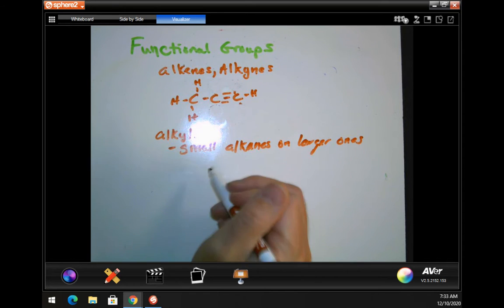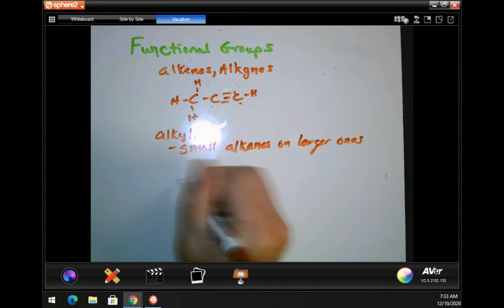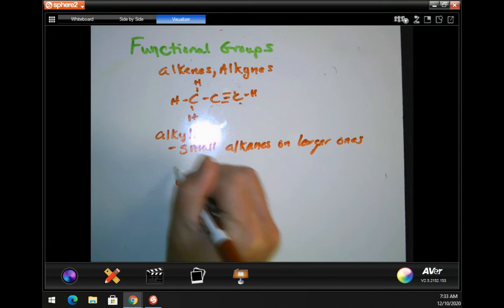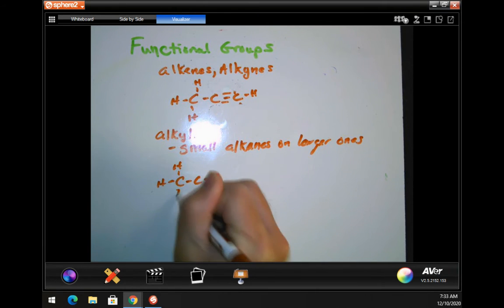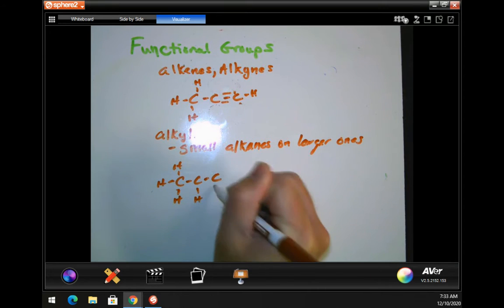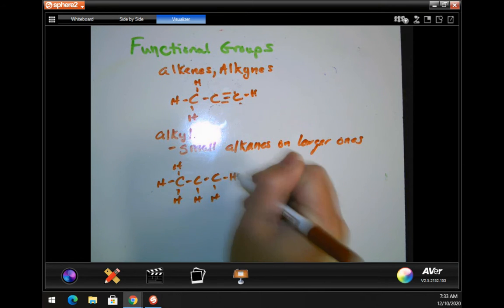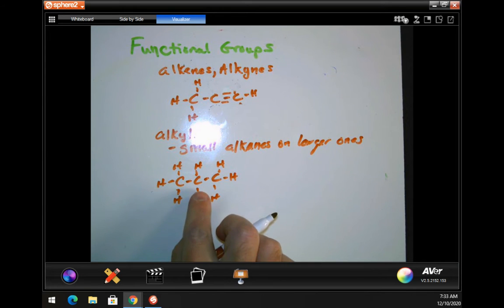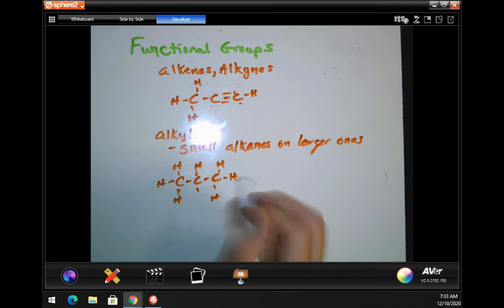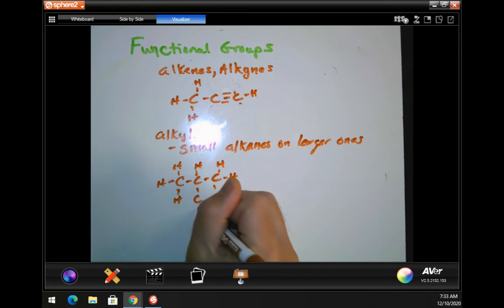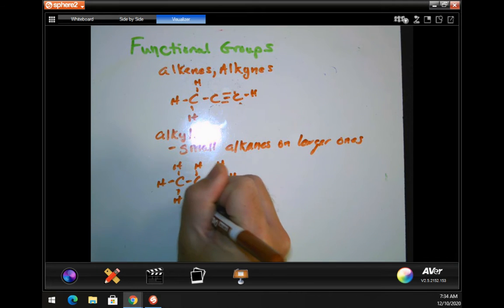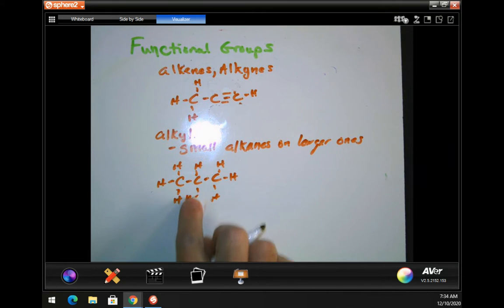So when we do this, I'm drawing all these out because I think it kind of helps. If we had all these like this, and we just replace this hydrogen here with a methane, let me draw it in a different color. Maybe that'll help.